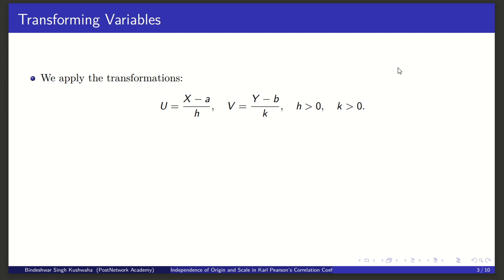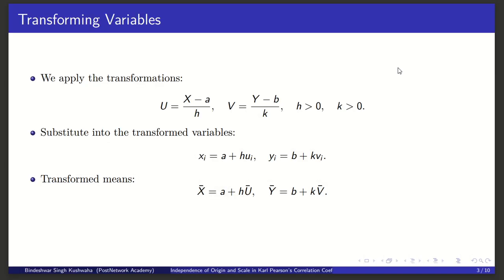So let us see. If we substitute, we get xi equal to a plus h ui, and yi equal to b plus k vi, and if we calculate the mean, we get x bar equal to a plus h u bar, where x bar is the mean of the xi's and u bar is the mean of the ui's.